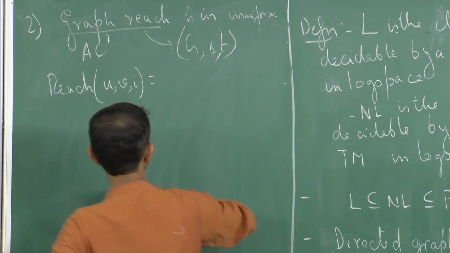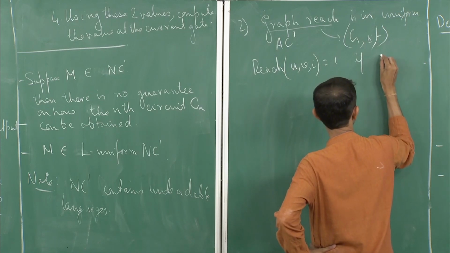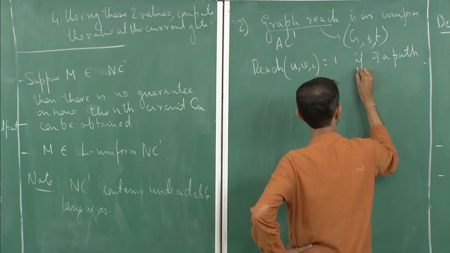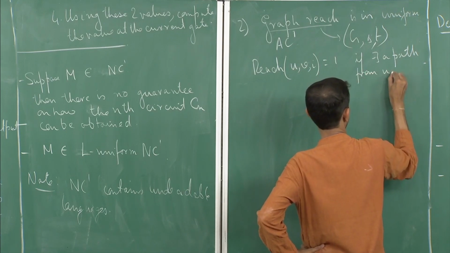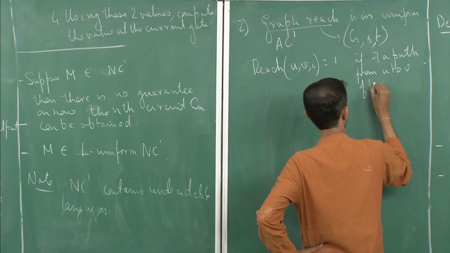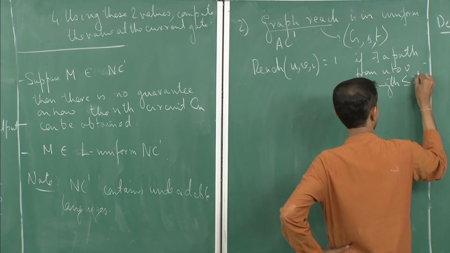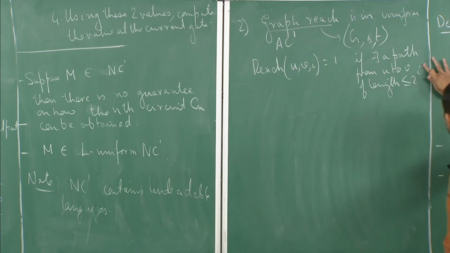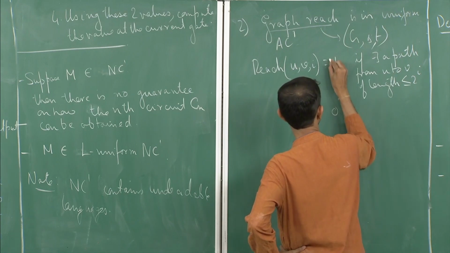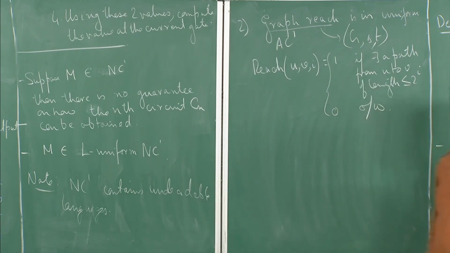This is equal to 1 if there exists a path from U to V of length at most 2 to the power I, and it is equal to 0 otherwise. Okay.